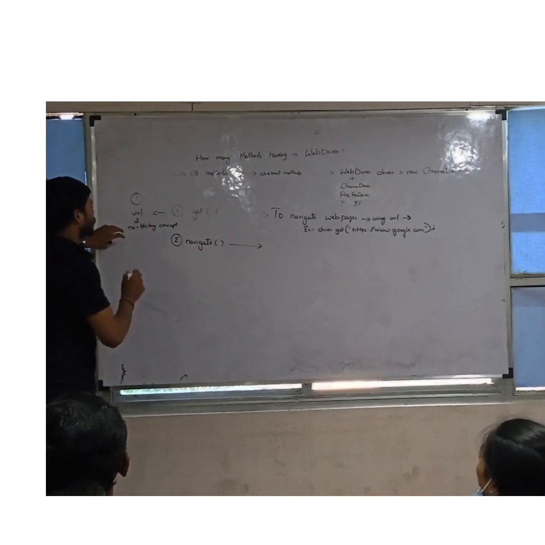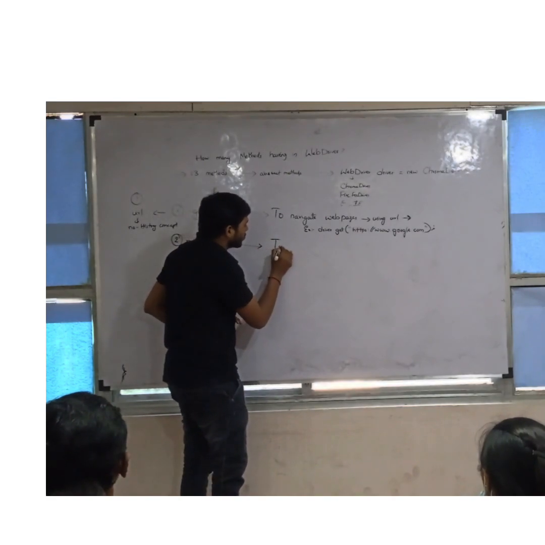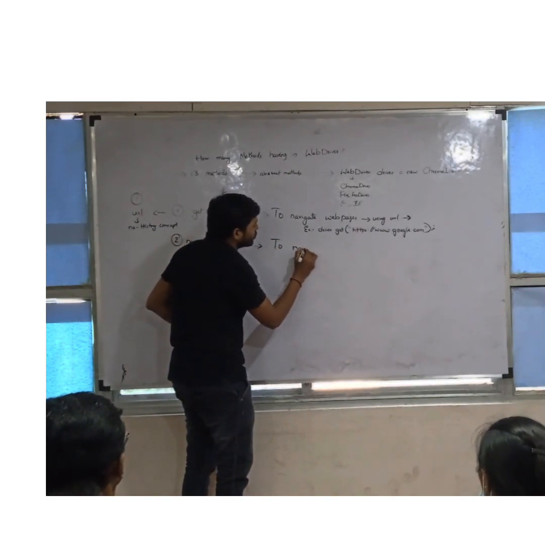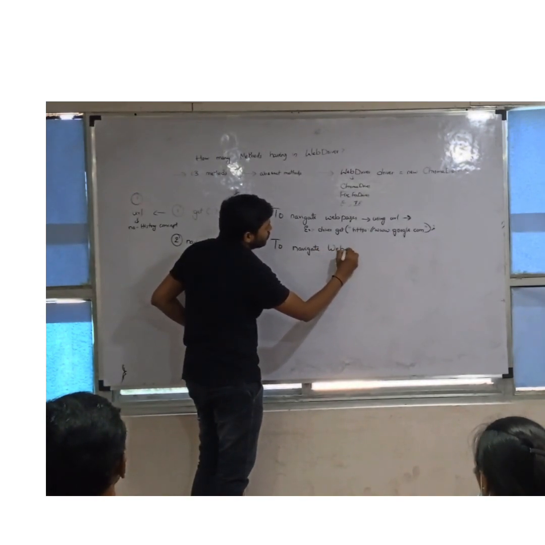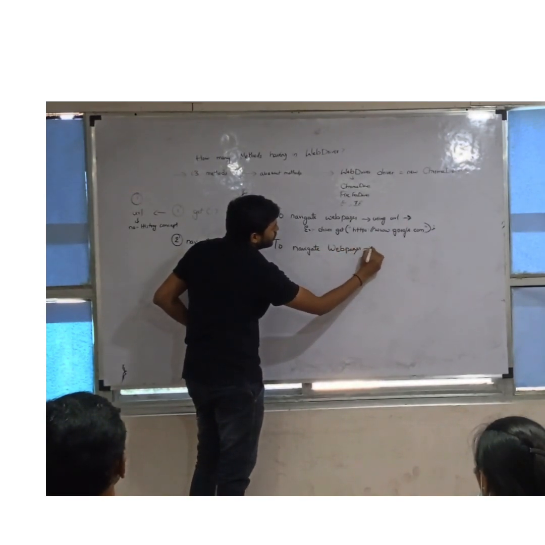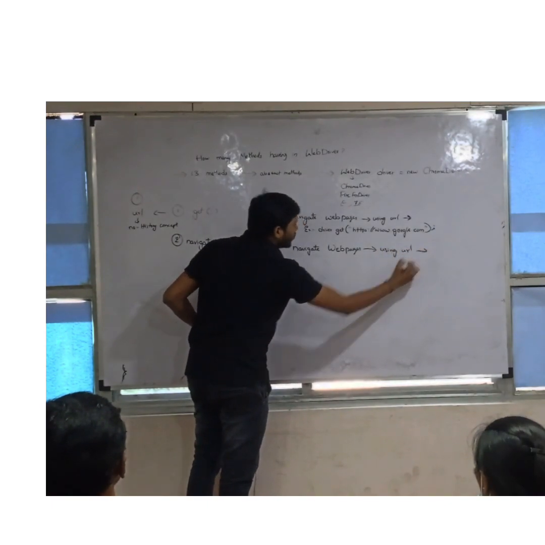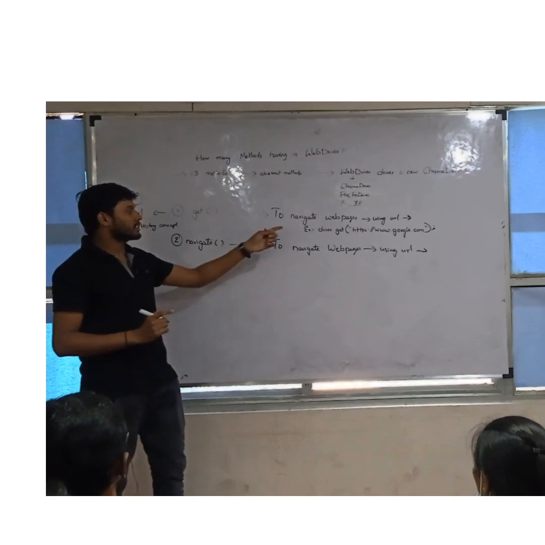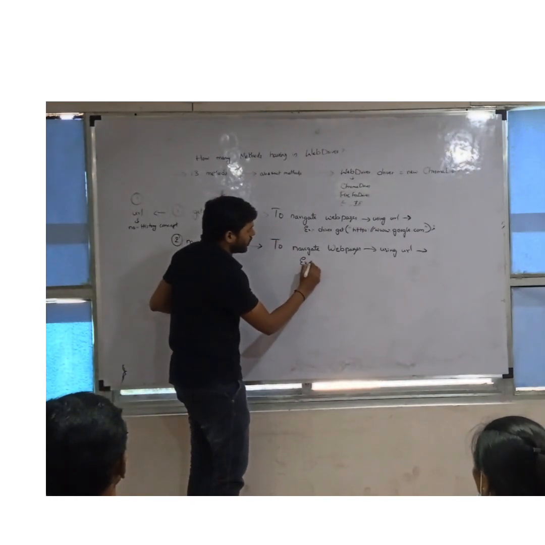To overcome this drawback, there is also a navigate method, used to navigate web pages. Here also we use URLs. And how do we use it? Here I am going through an example.